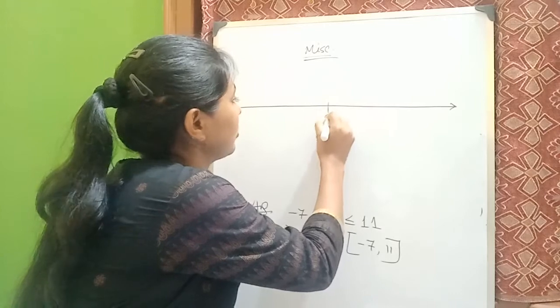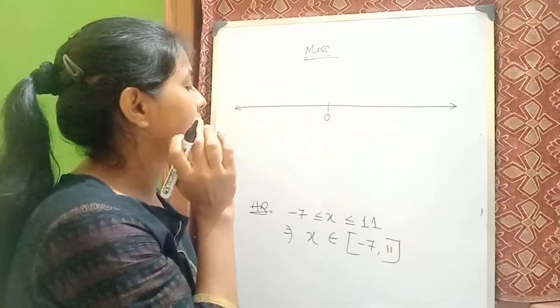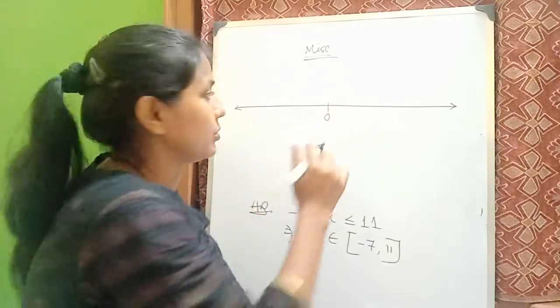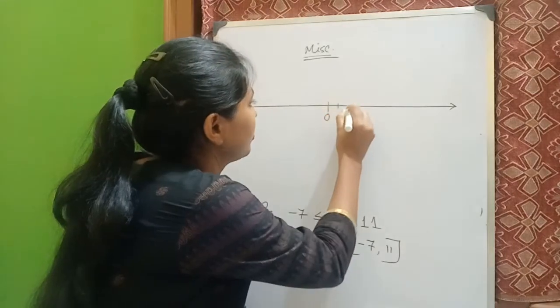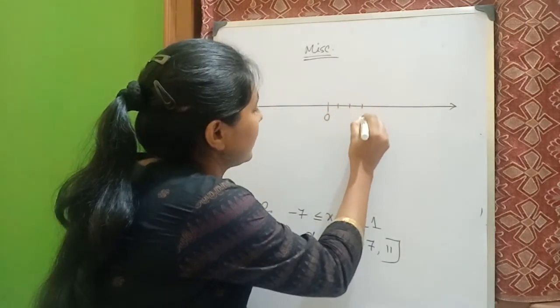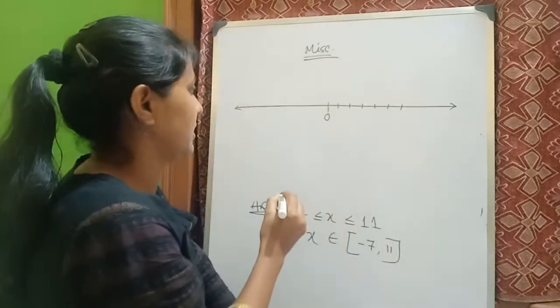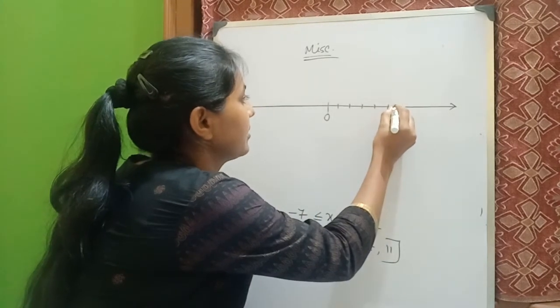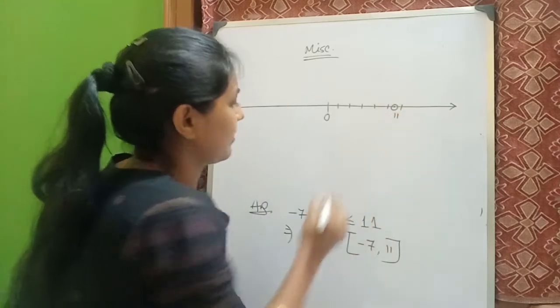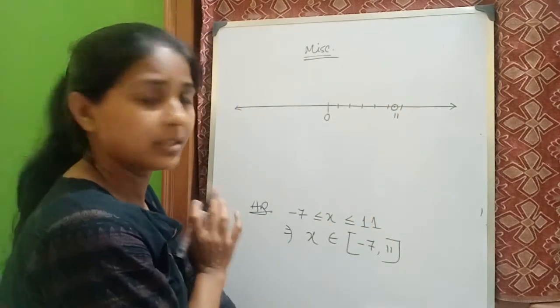So suppose this is 0. Now I am taking 2, 4, 6, 8, 10, 12. 11 will be here, because we need plus 11.